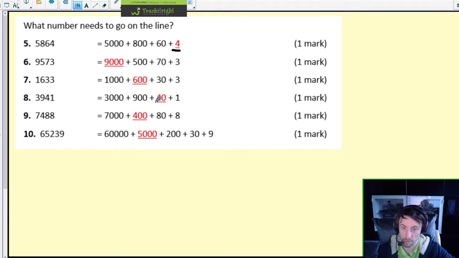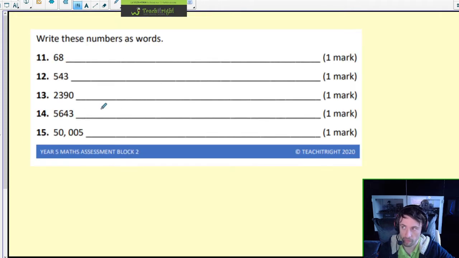So the 40 was missing for number 8. Number 9, it's 7,488. So the 400 was missing. And for number 10, it's 65,000. So that 60 is there, but we needed the 5,000 to complete the number, which is 65,239.